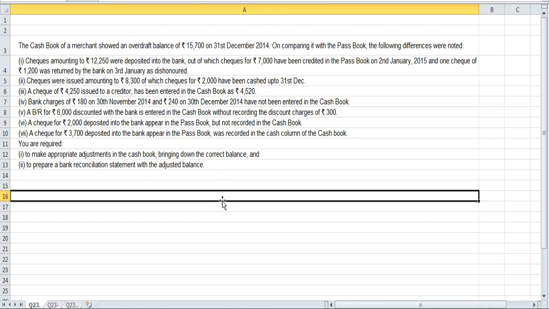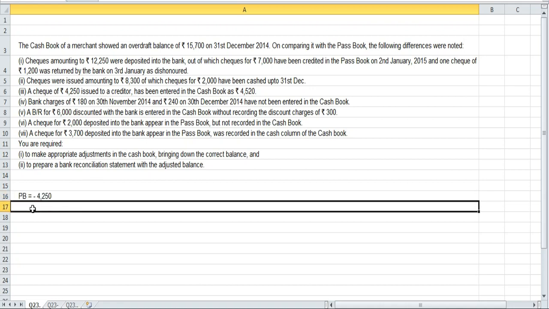From your bank it was supposed to be 4,250 that was issued or paid to your creditor, your supplier.